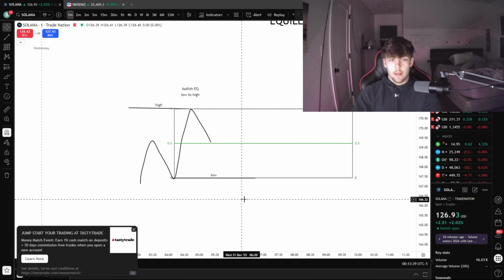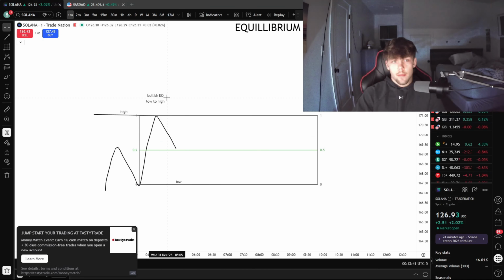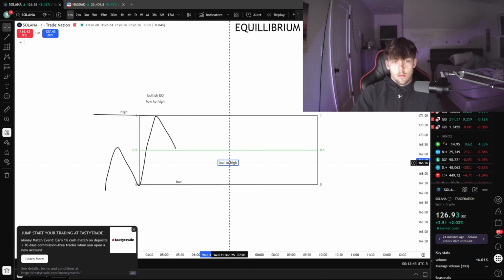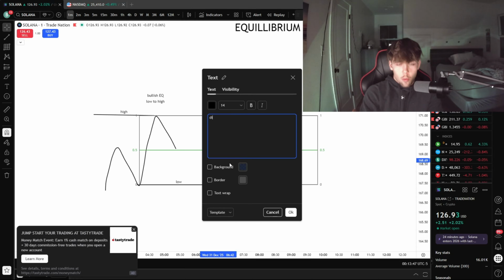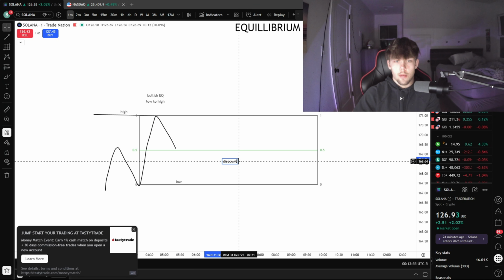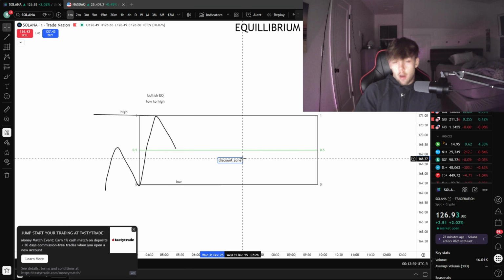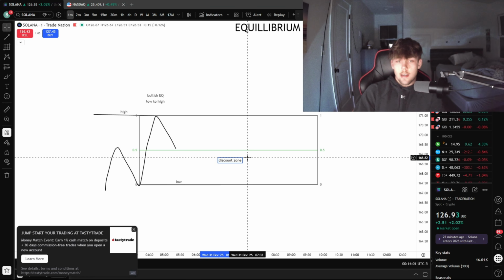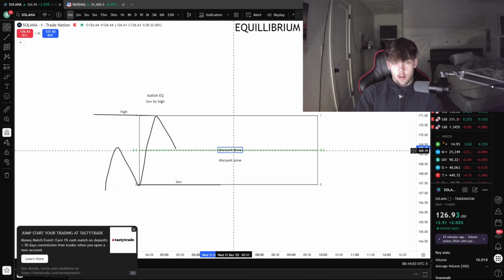Now what happens, which is under, so you may be asking, right, what are these two boxes? What is this halfway point even determining, right? Basically, this bottom zone is a discount zone, is what I like to call it.